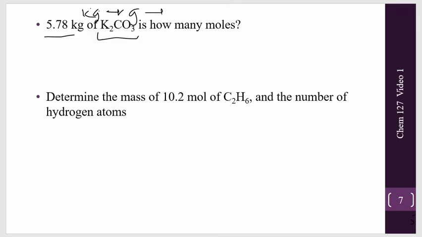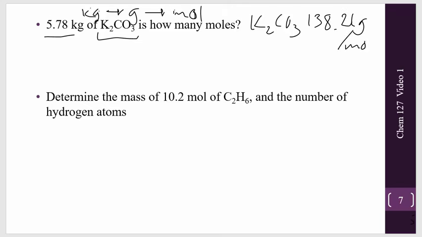Then from grams, we can go into moles using our grams per mole information. First we need the grams per mole of potassium carbonate, K2CO3, and I already have it here: 138.21 grams per mole.